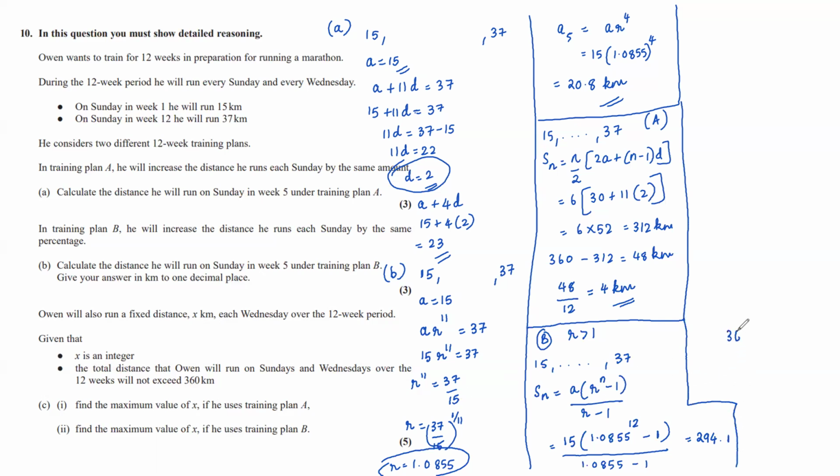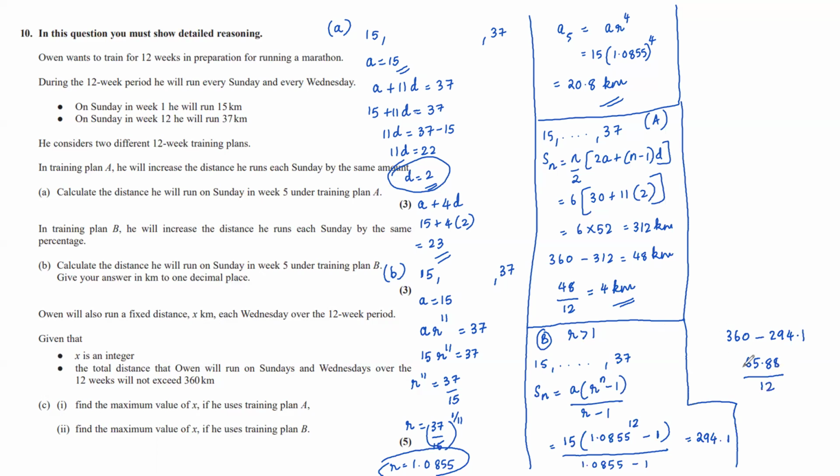So again, using this plan B also, he can cover maximum 360. So from 360, subtract 294.1, because 294.1 kilometers he has already covered on the 12 Sundays. So 360 minus the answer, that is 294, will give us 65.88. Now, this has to be covered over 12 weeks, 12 Wednesdays. So divide by 12.